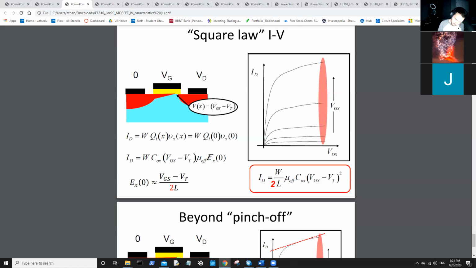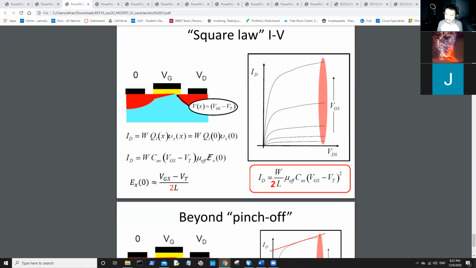It's 100 times 1.725 times 10 to the negative 6th, times 5 minus 0.94, squared. This spit out 1.4 milliamps. Sounds about right.